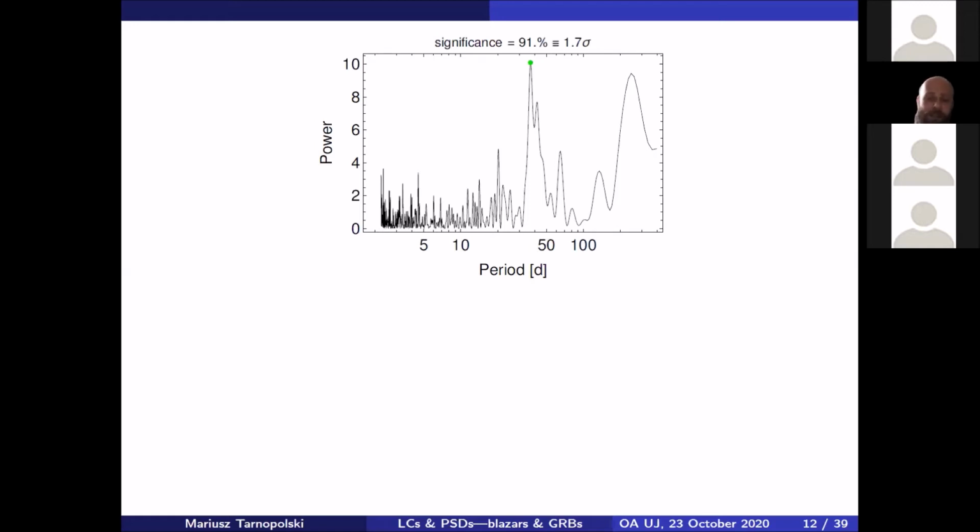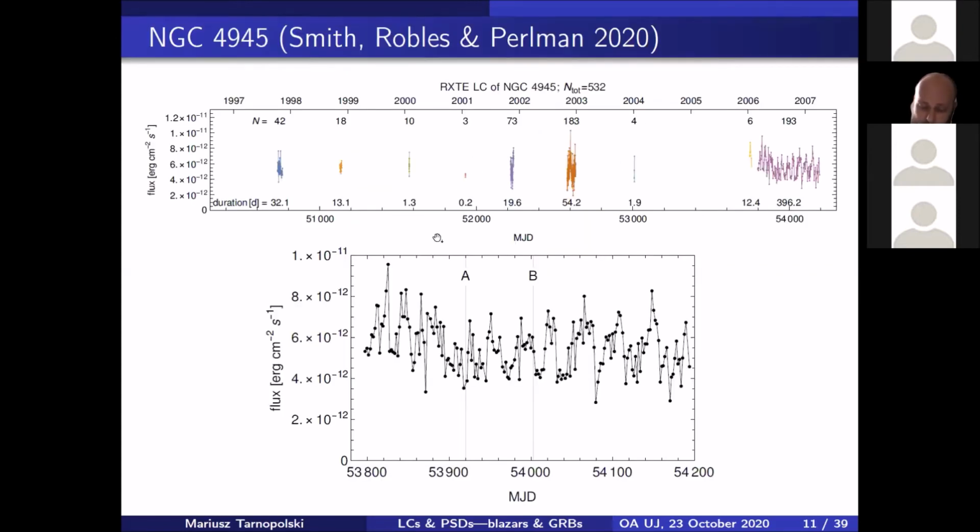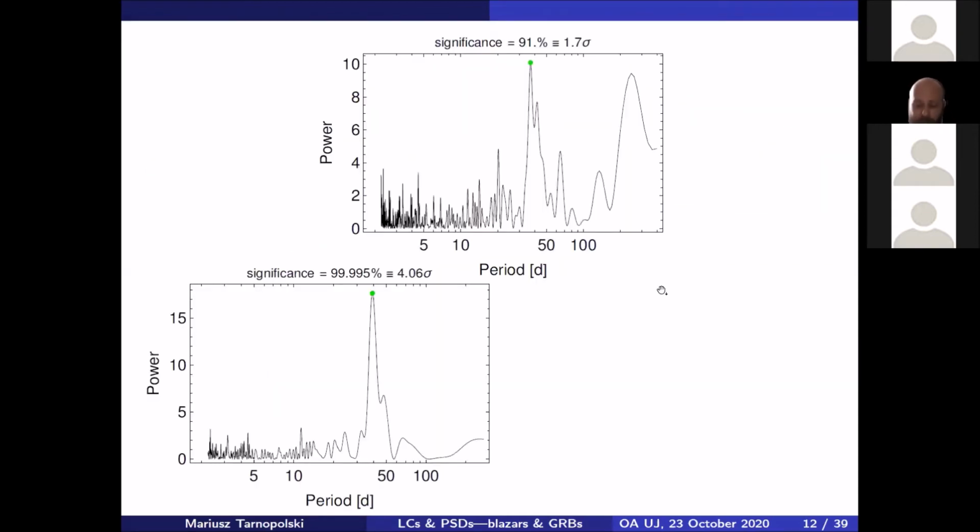But let's take a look at the light curve again. At the beginning is this erratic kind of segment, which is a downtrend. So maybe let's just take only the part after point A here, so everything rightwards. And indeed, in this case, we now see a peak with a considerable significance, about 4 sigma.